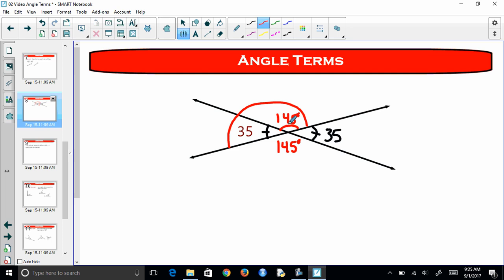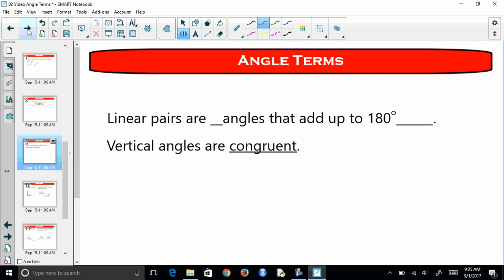So if I want to mark those being the same, I'll make an angle, and now two dashes. All right, so if I know one angle in an intersection, I can actually find all four. So linear pairs are angles that add up to 180 degrees. And vertical angles are always going to be congruent.